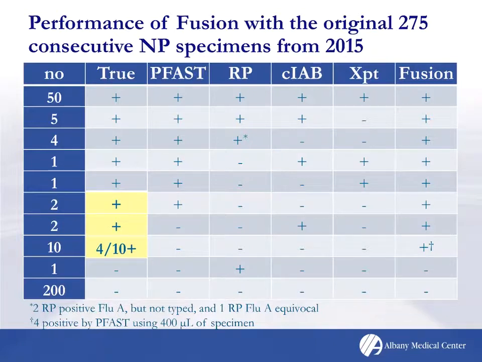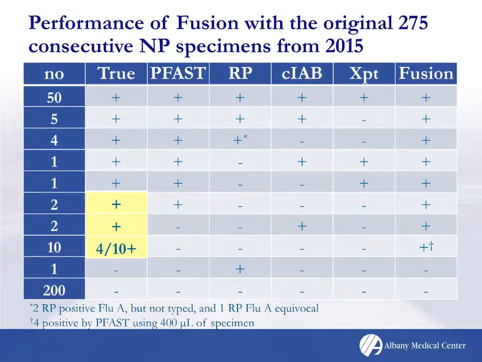And then there were an additional 10 samples that were positive by fusion only. So we tried to do a discrepancy analysis, but a lot of these samples just had a very low volume. We were able to retest them with the ProFast assay using double the amount of volume of sample that you normally would test and extracting them on the EasyMag. And we were able to get an additional 4 positive samples out of there.